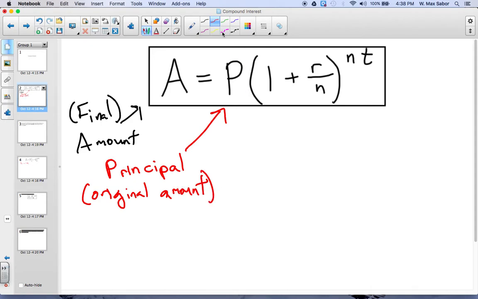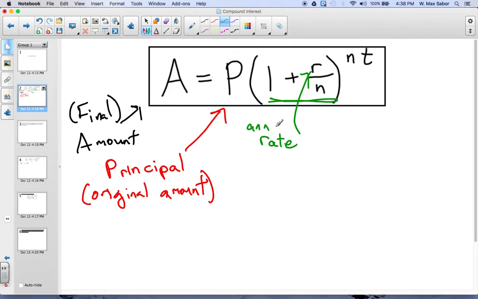And that is being multiplied by 1 plus our interest rate. So the 1 represents us keeping the amount that was already there, and then this is our interest rate divided into pieces.